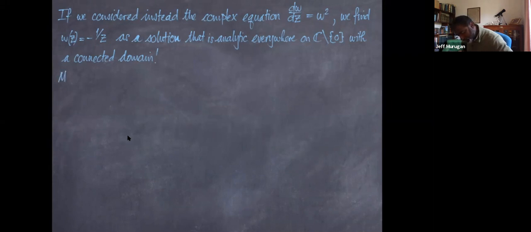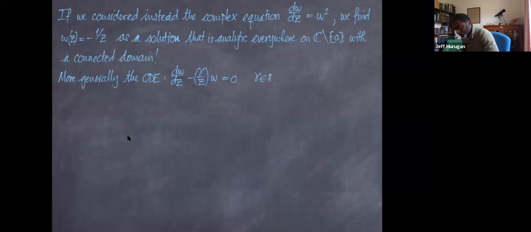More generally, look at the differential equation. Let's say dw by dz minus gamma over z w equal to 0, where gamma is some real parameter that I'm allowed to dial.